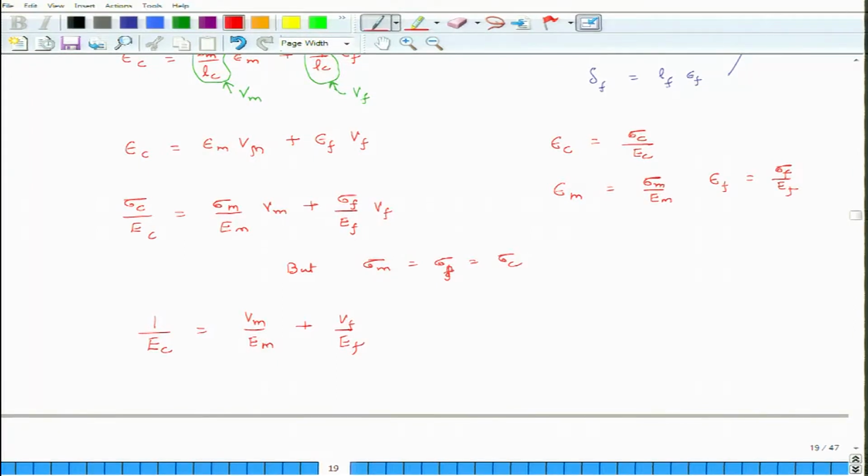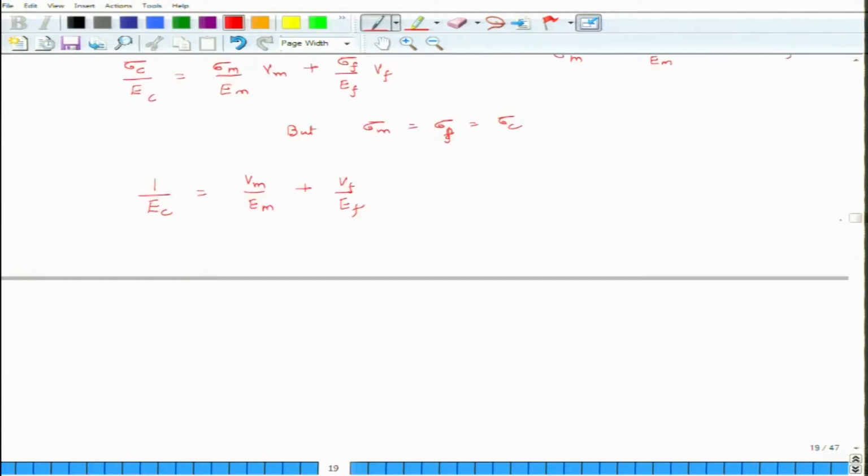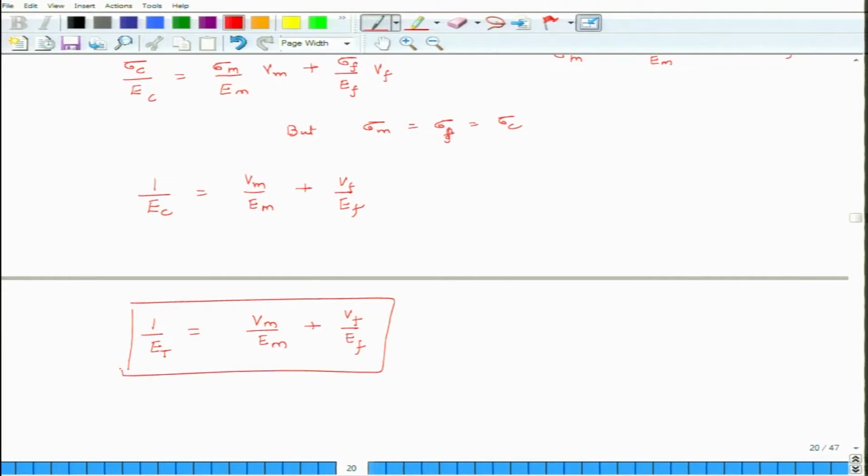Now, Ec is the Young's modulus of the composite in the transverse direction. So I will not use Ec, but I will use the term Et, because that tells us the direction. So I will say that 1 over Et is equal to Vm over Em plus Vf over Ef. This is my relation for transverse modulus.